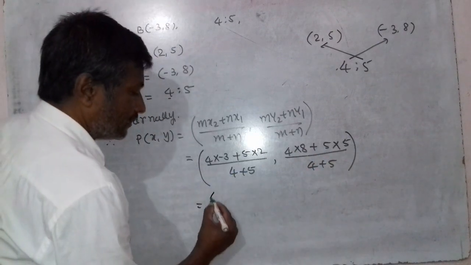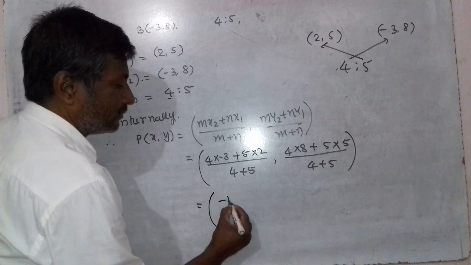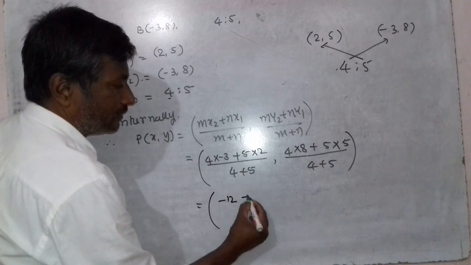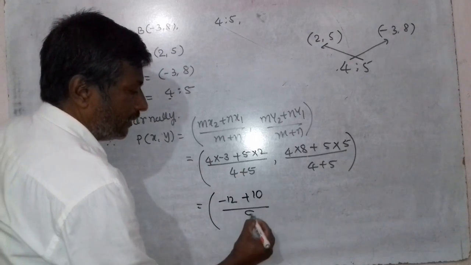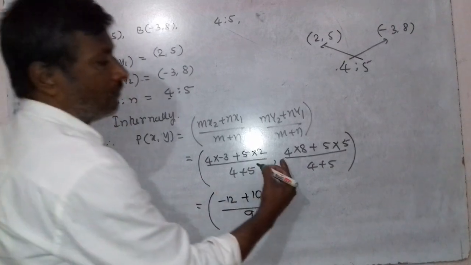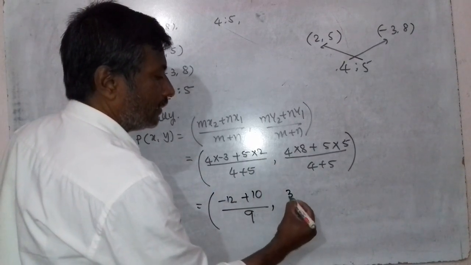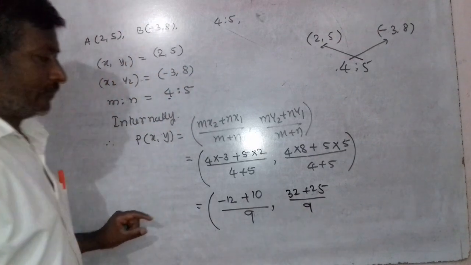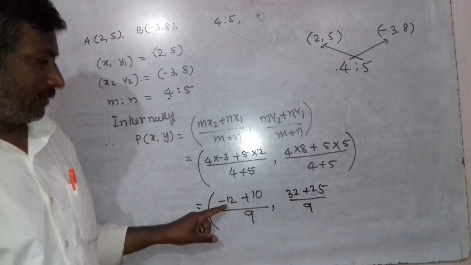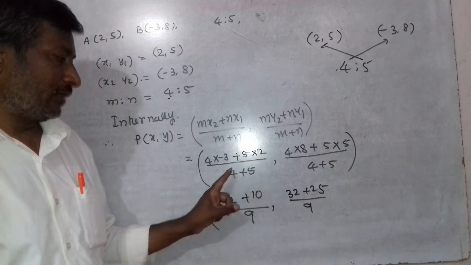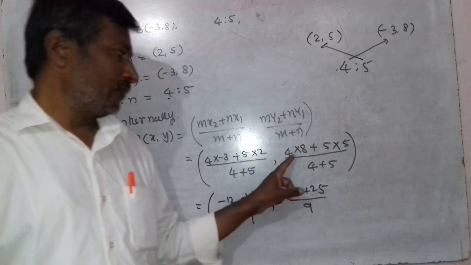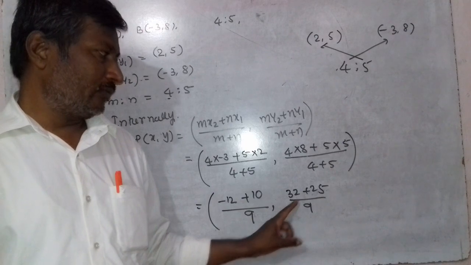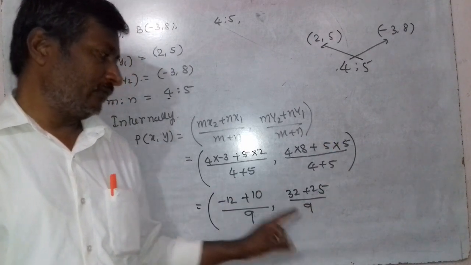So this becomes minus 12 and this becomes 10 divided by 9, comma 4 into 8 is 32 plus 25 divided by 9. 4 into minus 3 is minus 12, 5 into 2 is 10, 4 plus 5 is 9, 4 into 8 is 32, 5 into 5 is 25.